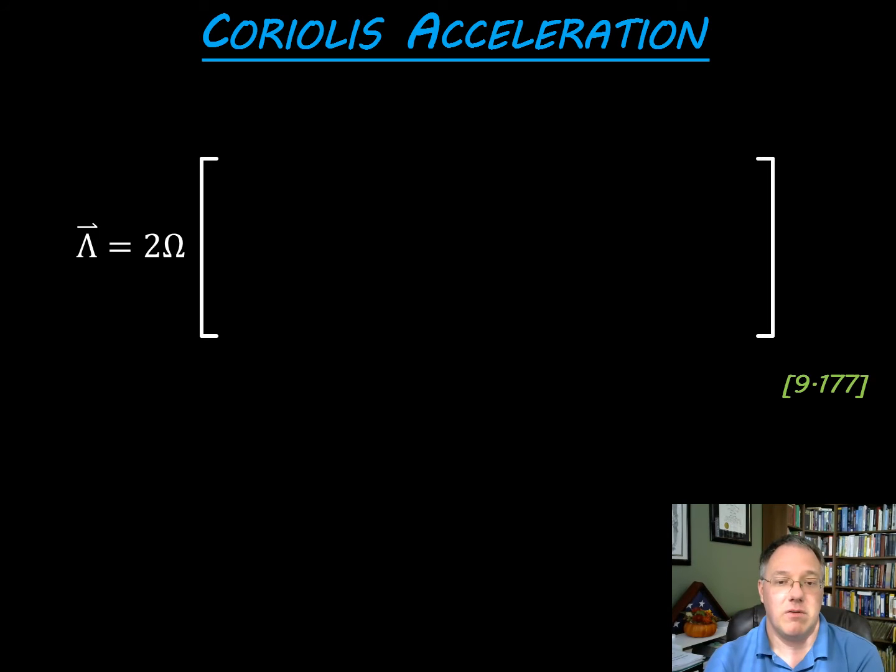It has three components, one in each direction, and they're all multiplied by 2 times that angular rotational speed. In the x direction, we have to account for both the y and z components.